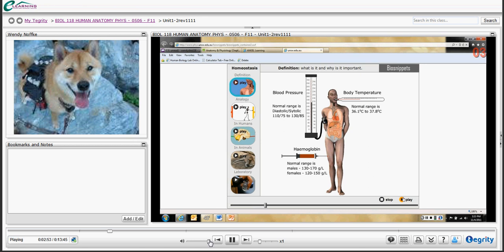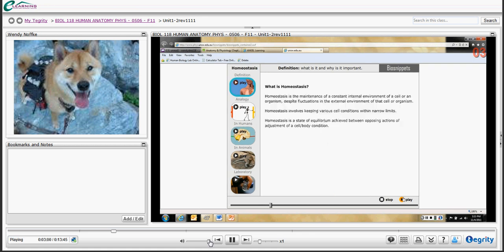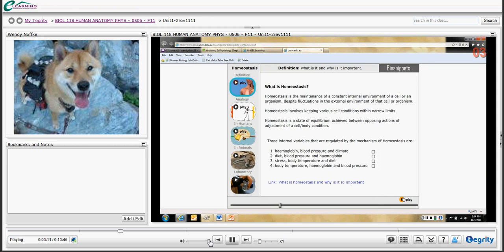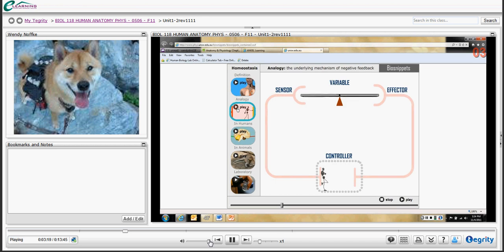Changes in internal variables, such as body temperature, blood pressure, and levels of hemoglobin, cannot exceed a certain tolerance without jeopardizing the health or survival of an organism. The maintenance of the internal environment within these narrow limits is referred to as homeostasis. Read these interesting facts and answer our short quiz to proceed to the next module, where we look at negative feedback, the underlying mechanism by which homeostasis operates.